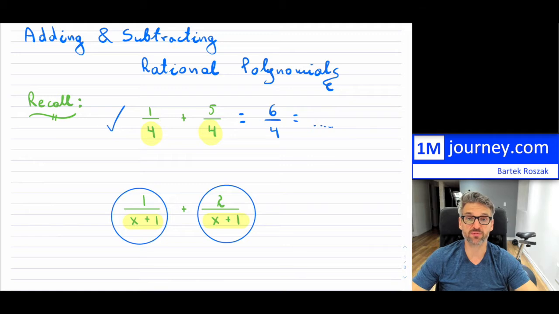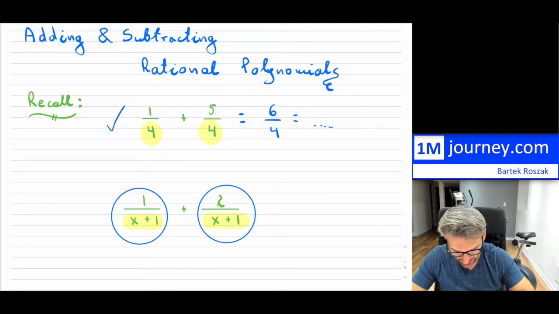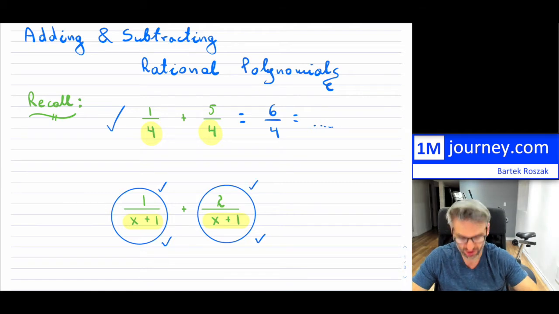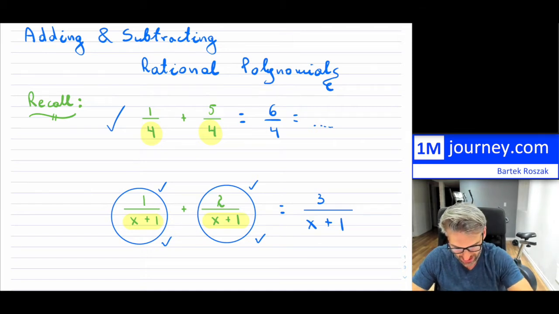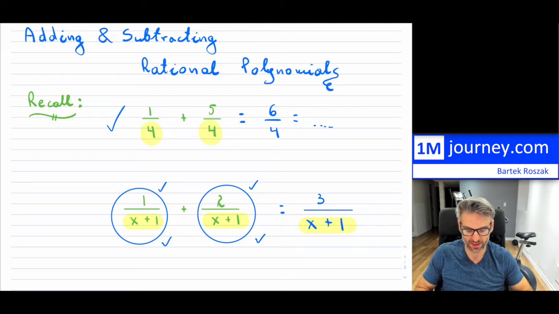And I do the same thing. Once I have the denominators and they're common, all I do is deal with the numerators. So in this case, 1 plus 2 is simply 3. And then my common denominator, because I have it for both, doesn't really change. So that stays identical. And this is the concept that you want to be able to see.